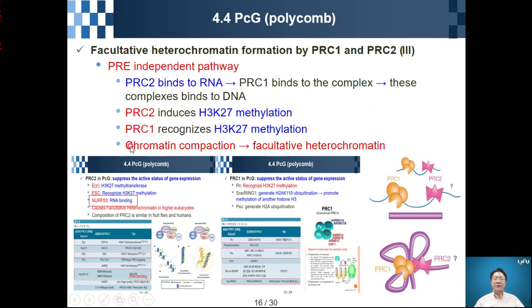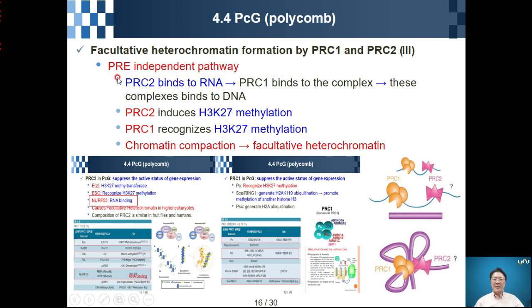Finally, chromatin compaction happens and it makes the facultative heterochromatin formation. This is the PRE independent pathway.